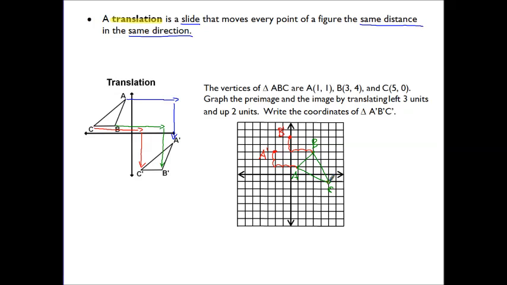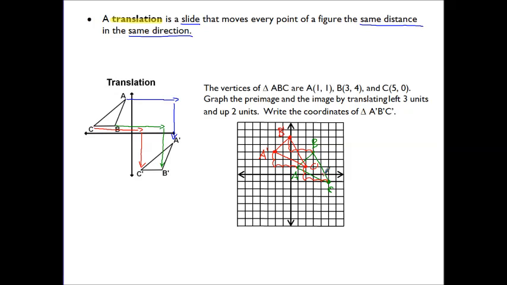And from C, 3 steps to the left and 2 steps up, we get to C prime. Here is our triangle, and as you can see very well, it looks just like our triangle ABC has been moved to the left and up.